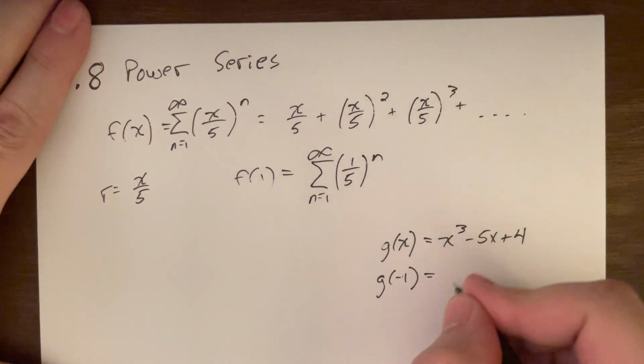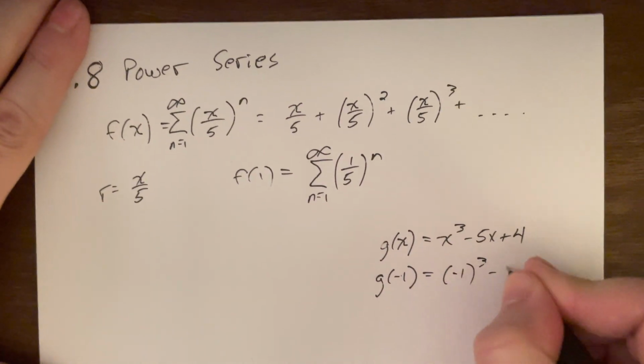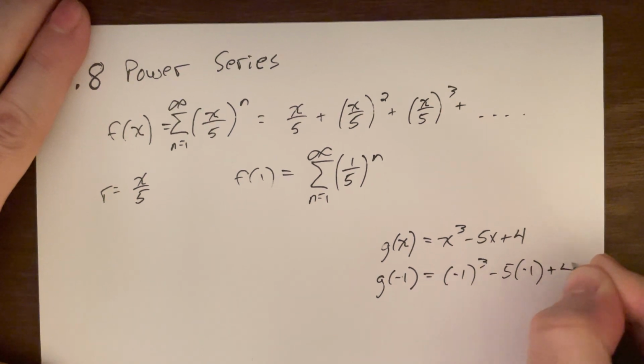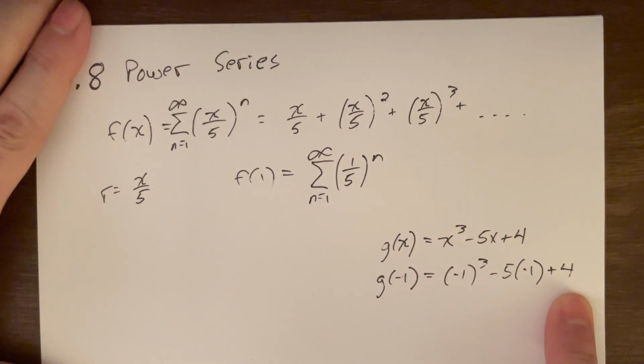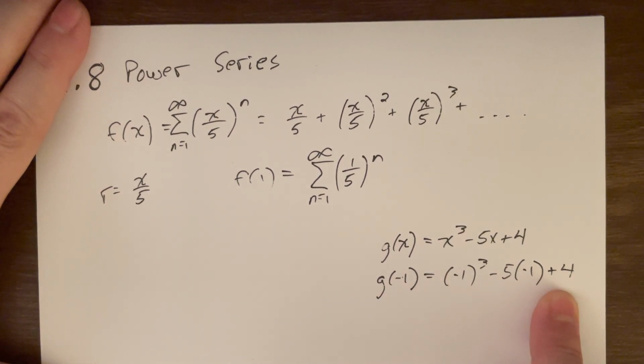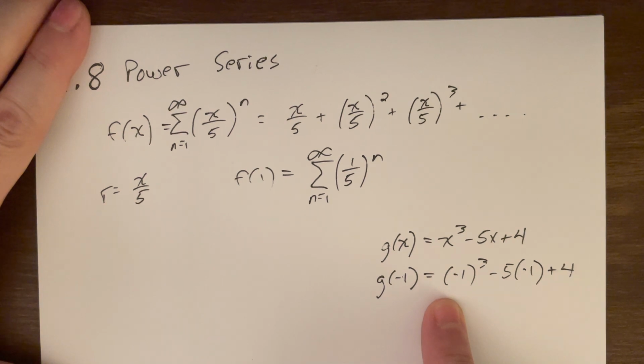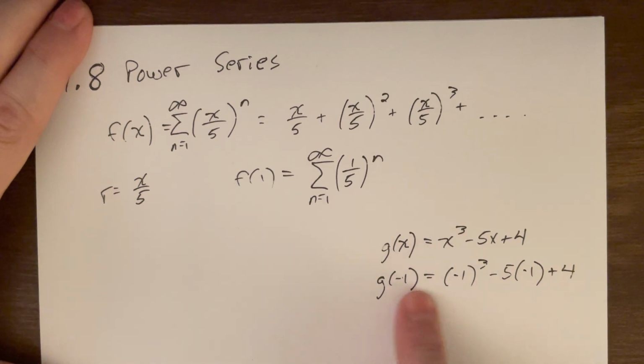So the equivalent here, I'd get minus 1 quantity cubed minus 5 times minus 1 plus 4. But is that enough? No. In regular functions like this, we wouldn't stop. We'd keep going. So, okay, the whole point of functions, you input a value x to output some value y. Well, here, what is the y?